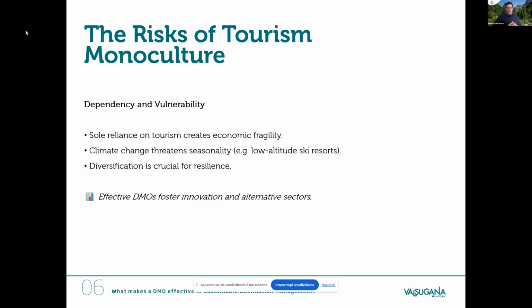For example, ski resorts below 1,800 meters are at risk of a shorter winter season due to climate change. And the claim in this slide is: effective DMOs foster innovation and alternative sectors.